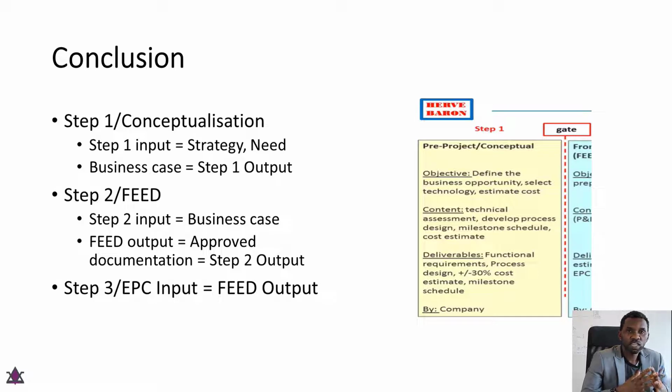Like we stated earlier, in step 1, which is the conceptualization stage, the input into this stage is the strategy and the business need, and the output is the business case, which is then used as an input in step 2, the feed stage of the project. In this case, we use the business case to carry out the design, and the approved documentation is now the output from step 2 and is used as an input into step 3, the EPC stage of the project.